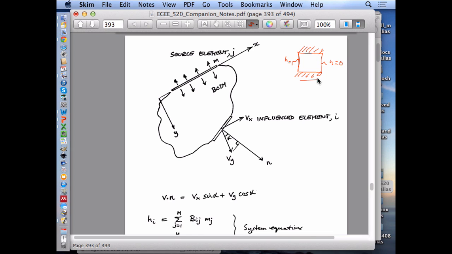We have a length of this. I think the example we use is 1 by 1. If the permeability is equal to 1, you could certainly tell me what the flow rate out of here is, right? You can apply Darcy's law, and it's just that velocity is equal to hydraulic conductivity times dH/dx. This is going to be 1, this is going to be 1, so the velocity is going to be 1. So you can do that.